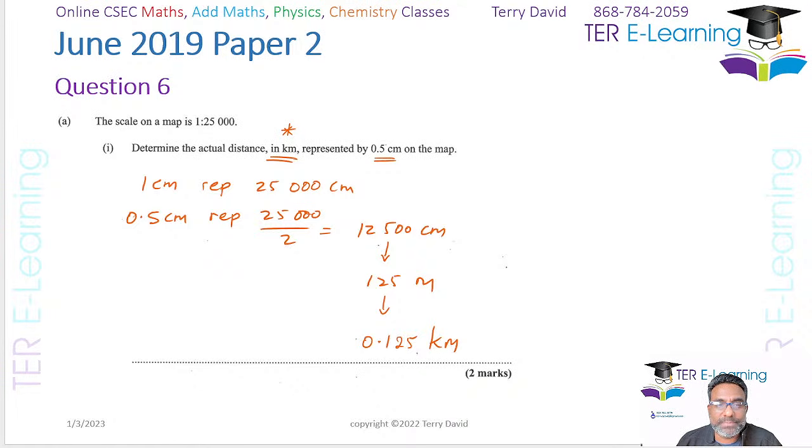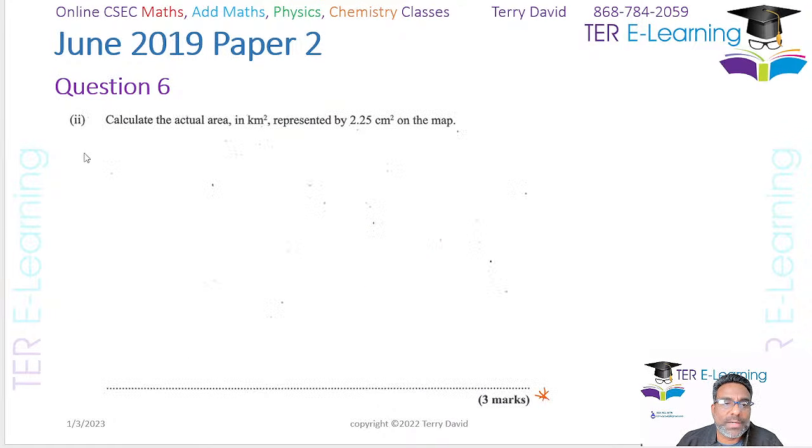So 1 cm on the map represents 25,000 cm. Let me start with that. 1 cm represents 25,000 cm. That's what the scale is telling me. Now, we need to write the scale in terms of an area. I want you to visualize this. On the map, visualize a square that is 1 cm by 1 cm.